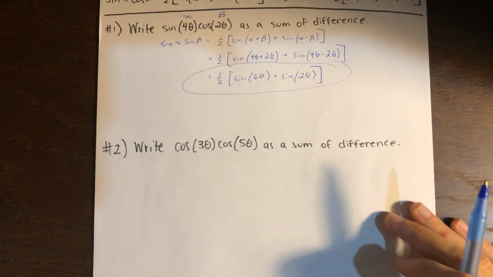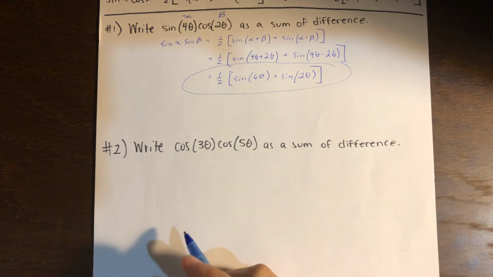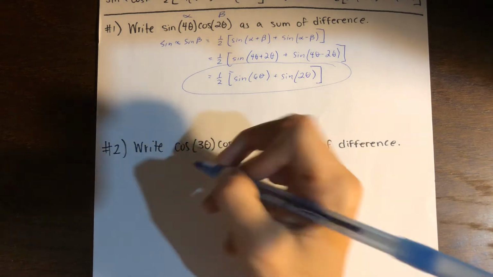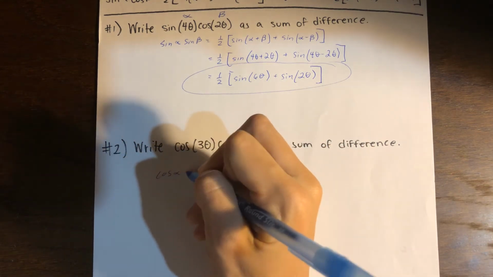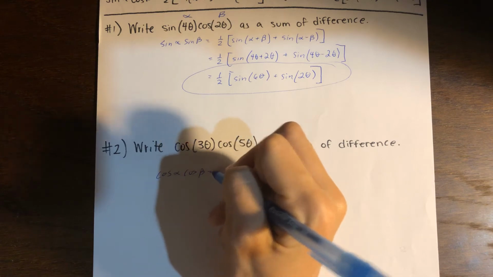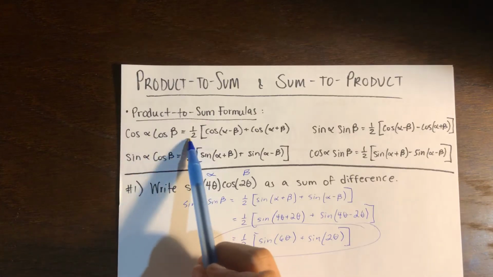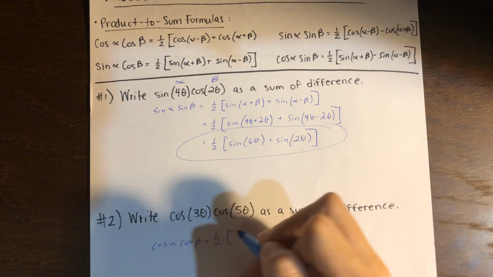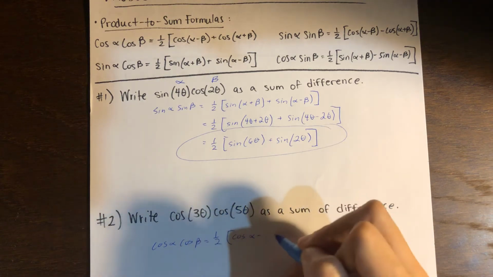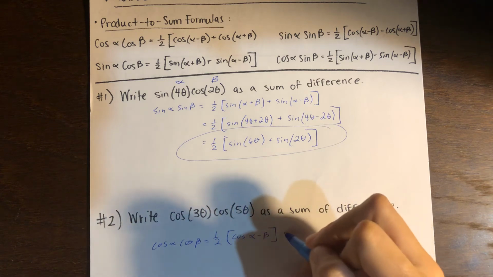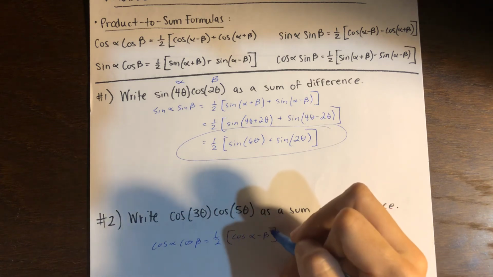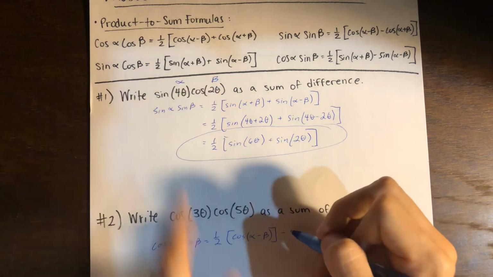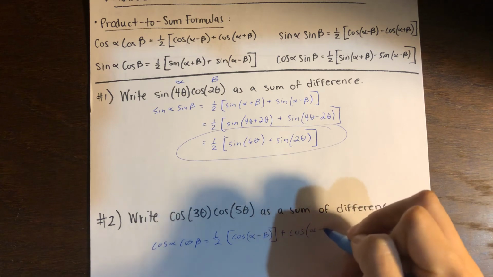The next one we're going to look at is cosine of 3 theta times cosine of 5 theta, and we're going to write this as a sum or difference. So we have cosine alpha times cosine beta, and we're going to be using this formula right here. So we have a half times cosine of alpha minus beta plus the cosine of alpha plus beta.